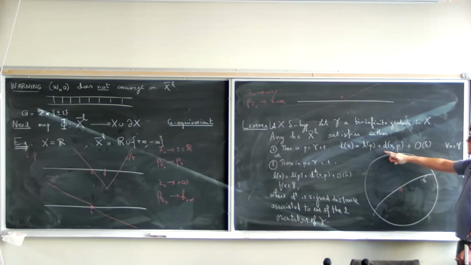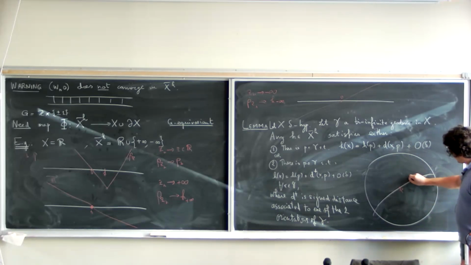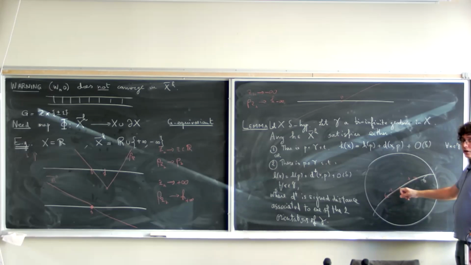So either we are in the first case. What is the first case? The first case means that the function is going up in this direction and in this direction linearly. So this p is the minimum point. If you take another x, the function is just going linearly, so it's V-shaped. So that's the first case.